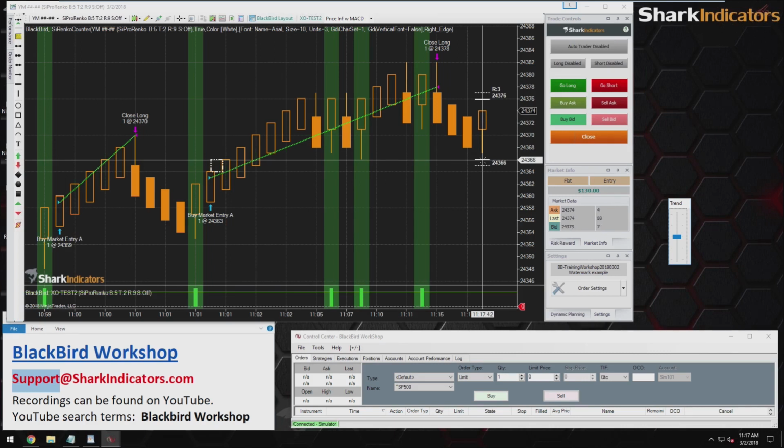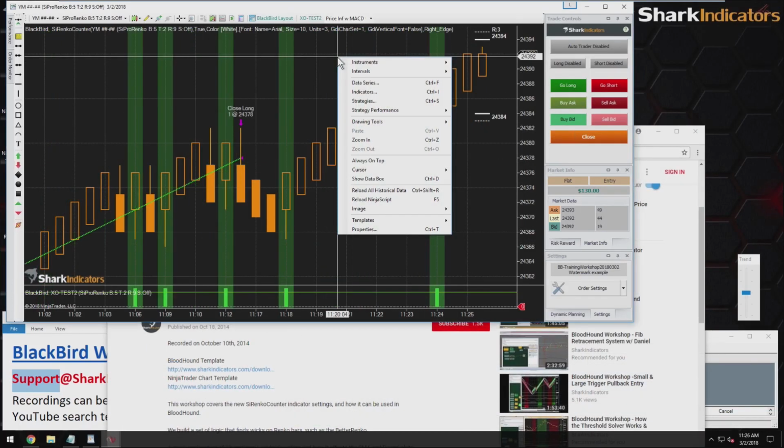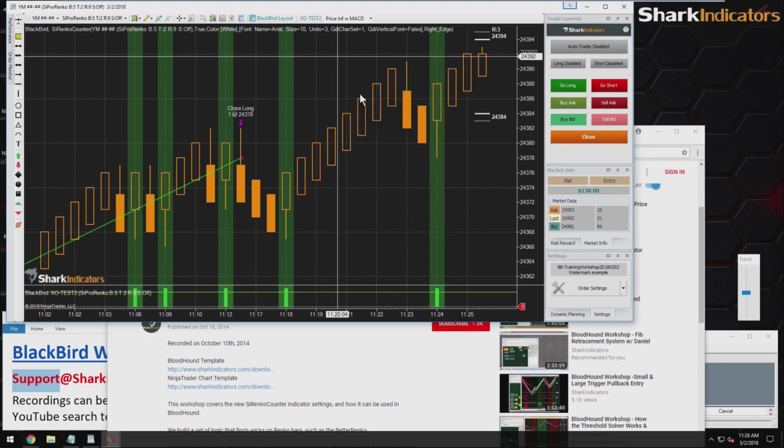And if you want, you can send me a question in for next week's BloodHound workshop, and we can cover this again. Wave is asking, does the renko counter indicator, basically I think you're asking, is it included with BloodHound? And yes, it is. Let's pull up the indicator list here.